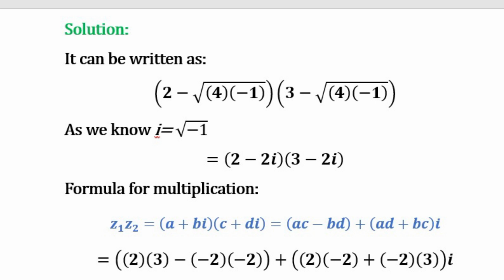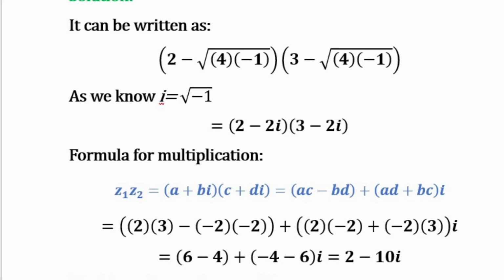These two complex numbers we will multiply by using the formula. We will multiply 2 with 3 minus 2 with minus 2, plus (2 with minus 2 plus minus 2 with 3) iota. Then we will get 6 minus 4 plus (minus 4 minus 6) into iota. We'll get 2 minus 10 iota.